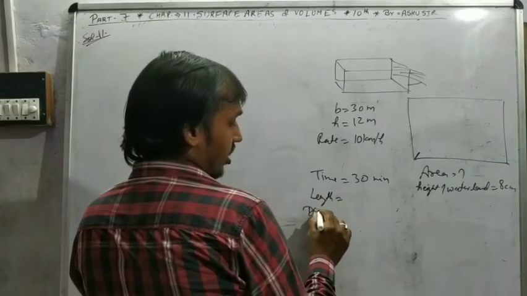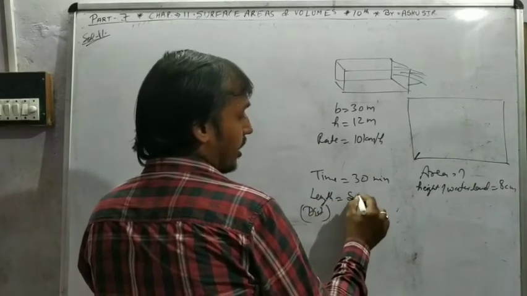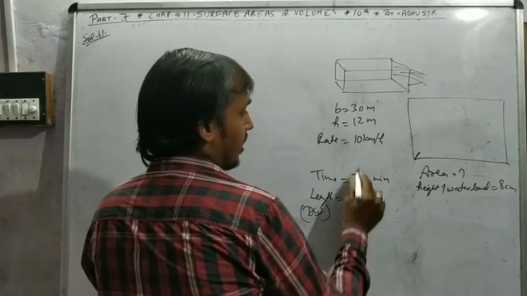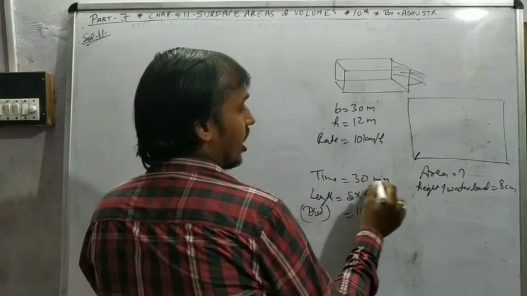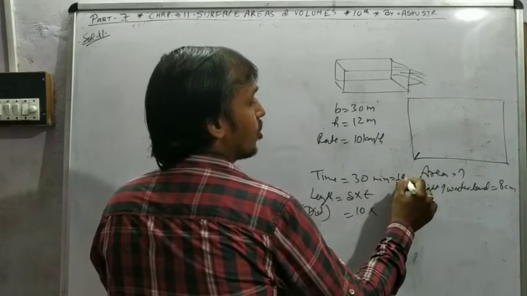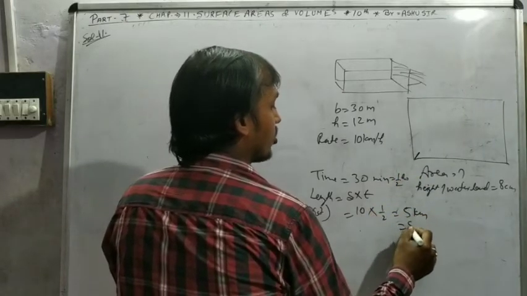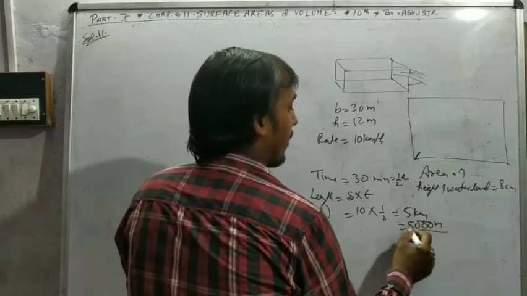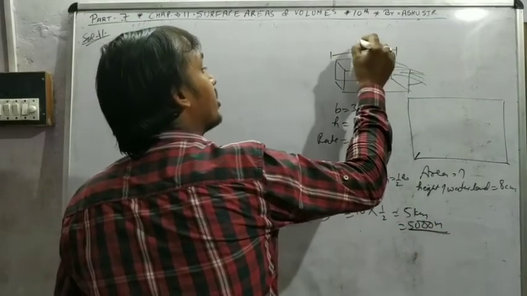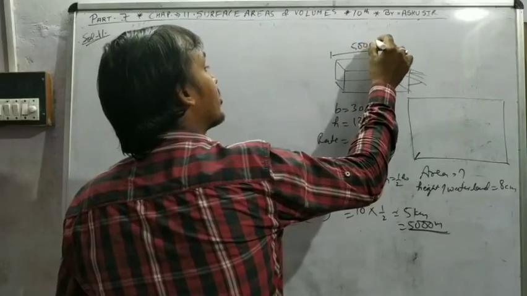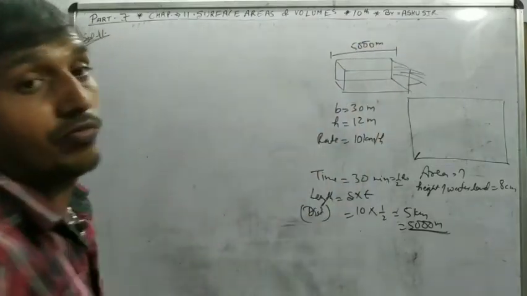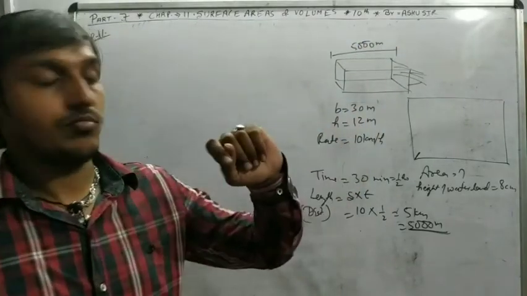Length means distance: speed into time. Speed is 10 km per hour and time is 1/2 hours. It is 5 km, so 5,000 meter. Means the length of this canal is 5,000 meter for 30 minutes.